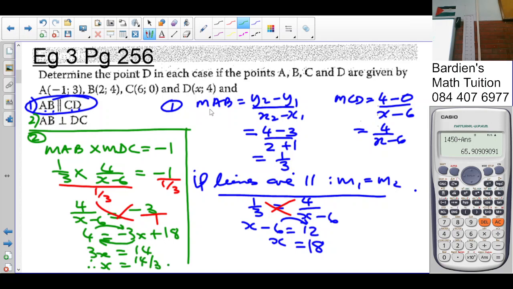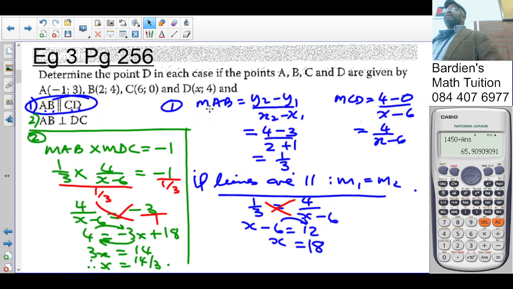You guys understand? People, in the next example, which we don't have time for, they ask us to prove that points are collinear. Collinear means to say it lies on the same line.